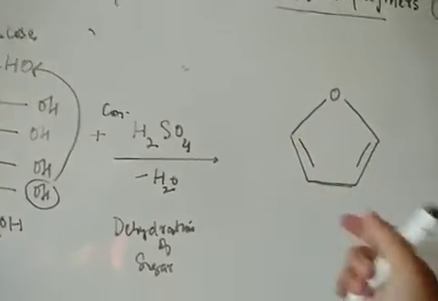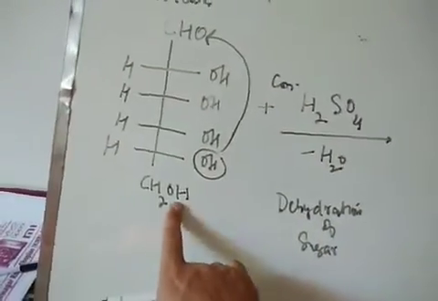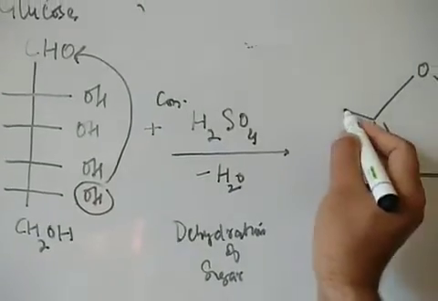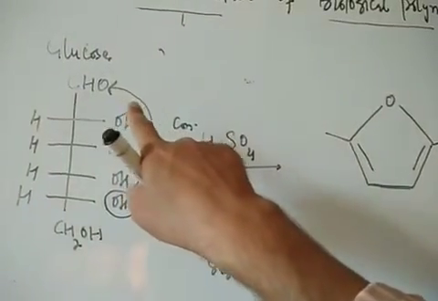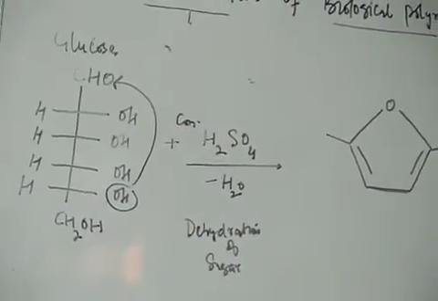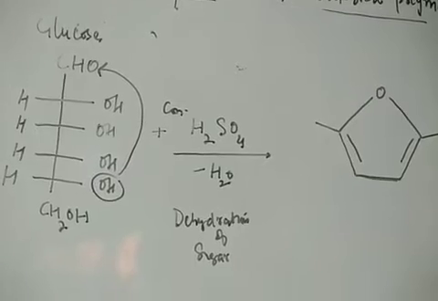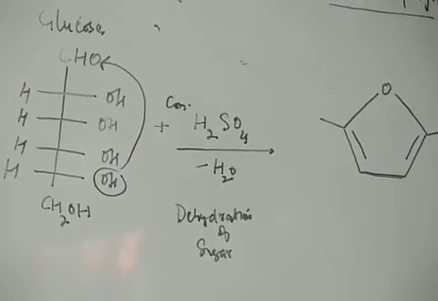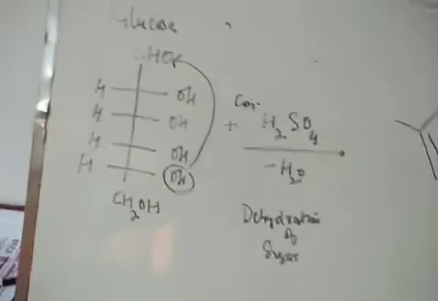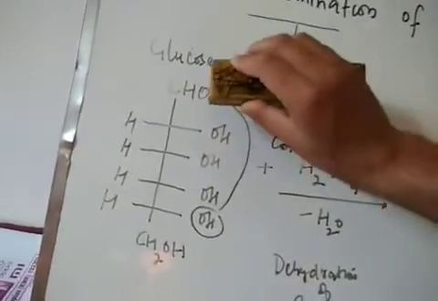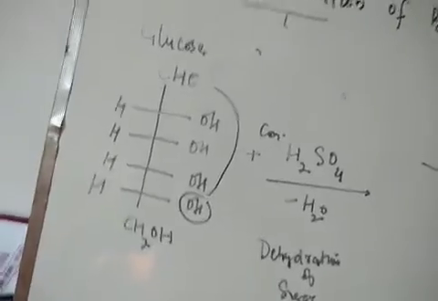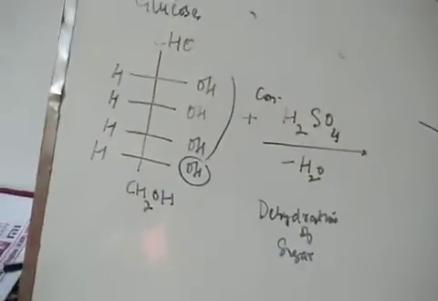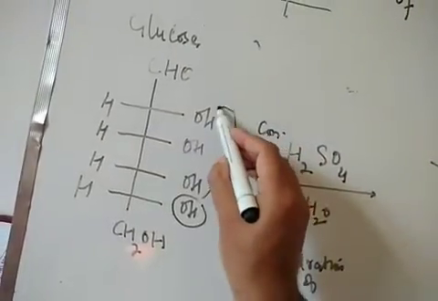Here we have this CH2OH, and on the other side we have this. The ring is between this and this, since we have only 4 carbons in the ring.